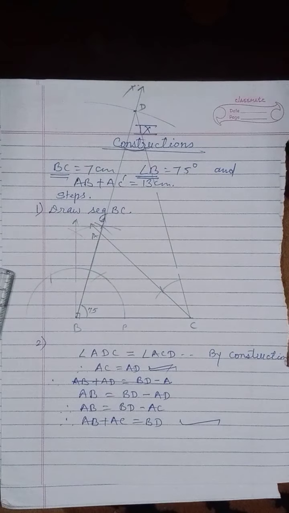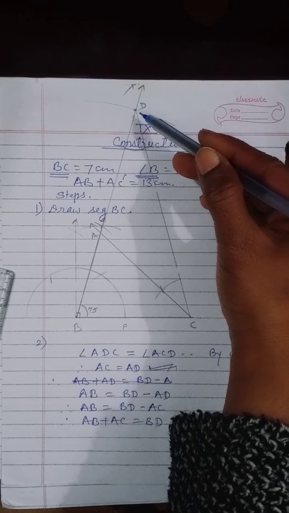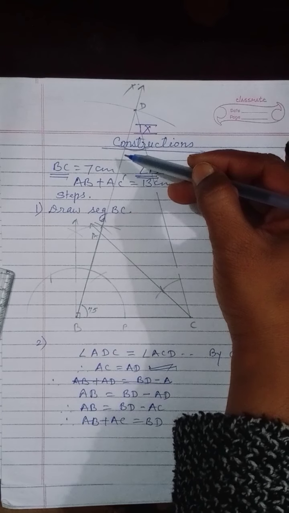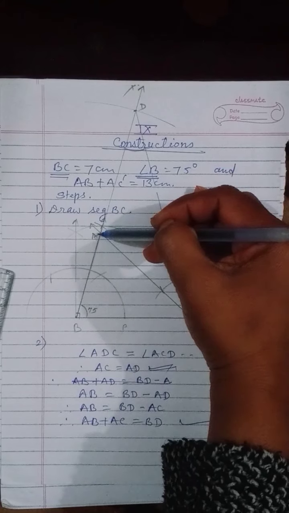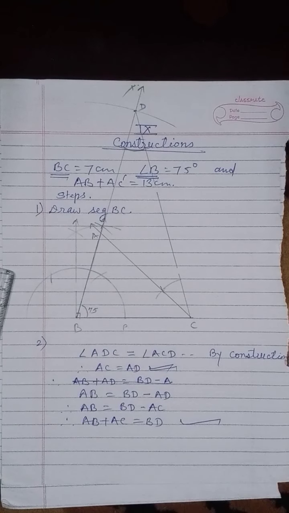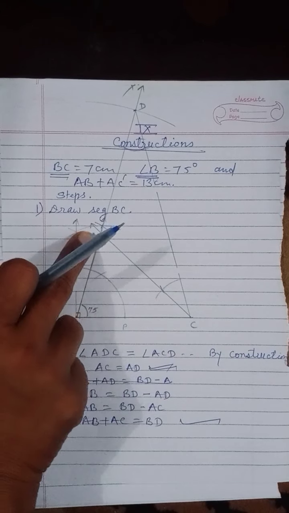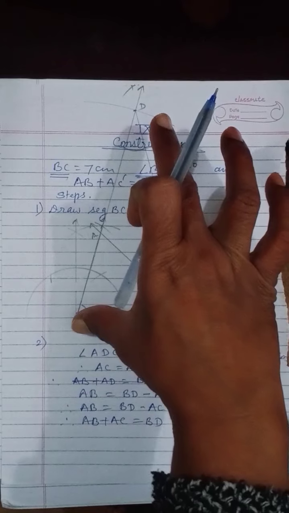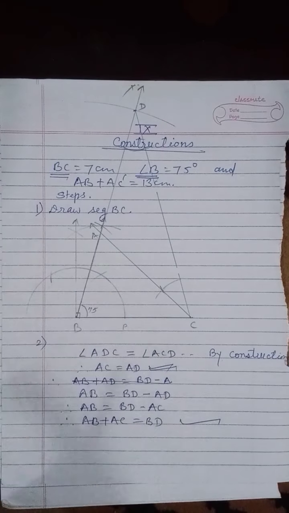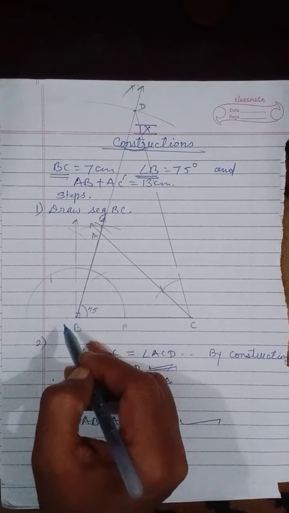Next, draw the angle which is the same as ADC at point C. Okay, then join that line which cuts BX at point A. This is our triangle ABC.